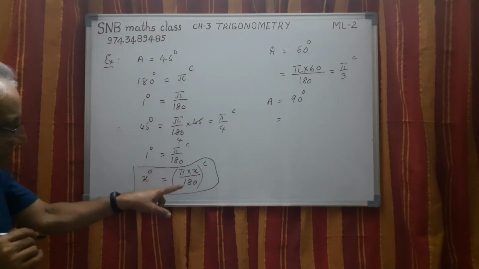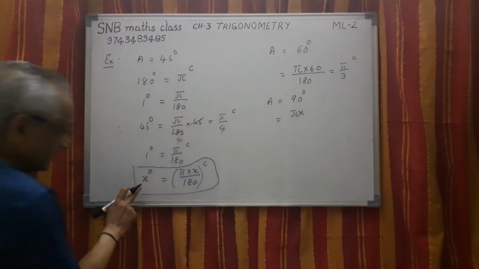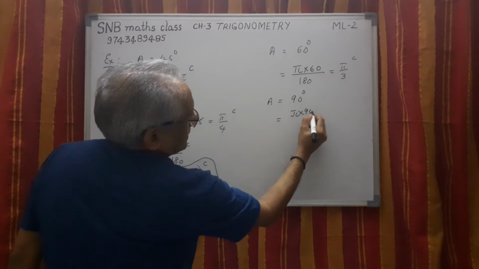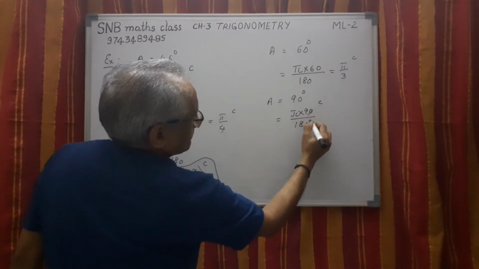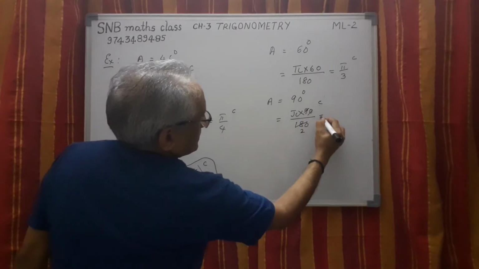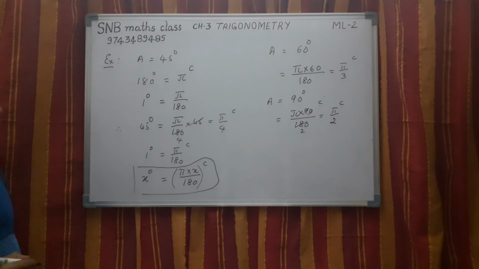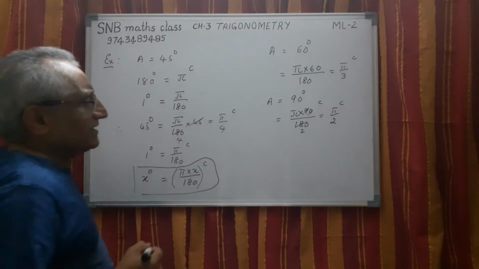Pi into x divided by 180. So here it is pi into, what is x here? X is 90. So this is 90 divided by 180. Then of course simplify. So this is pi by 2 radian. So for 90 degree, you have this relation. Similarly, any other angle you can find.